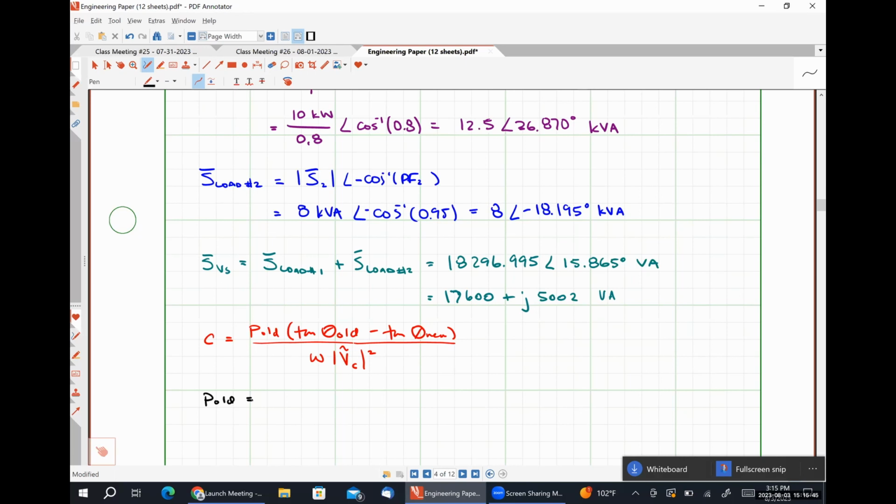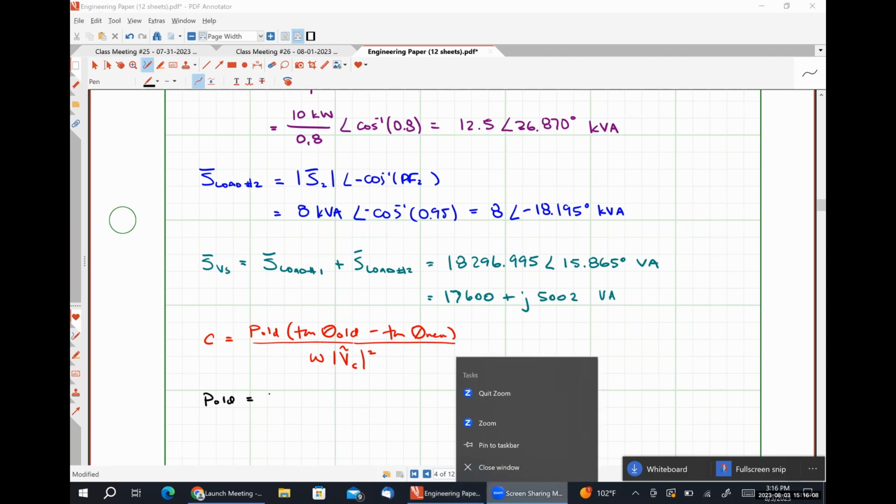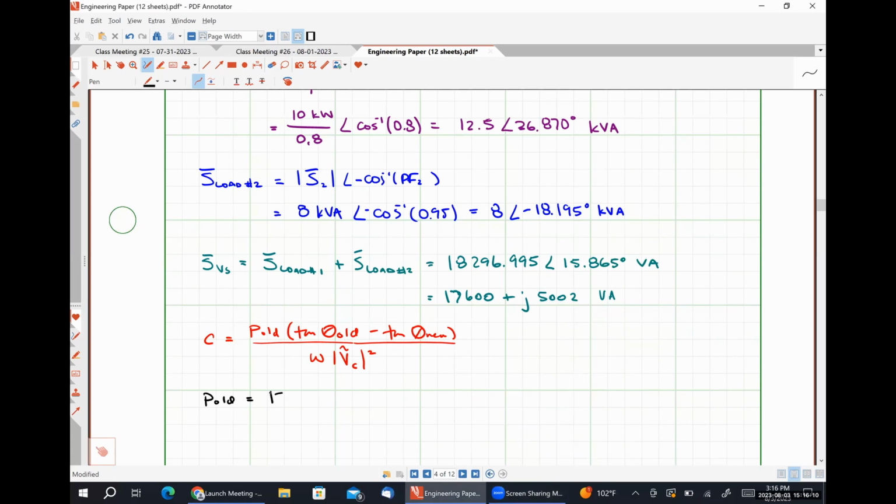P old is 208 angle 0, the whole thing. Nope. No. That is voltage. Is it 17,600? 17,600 watts. Of course.